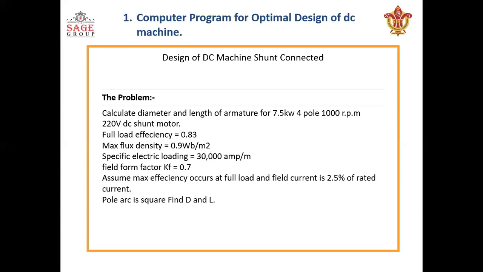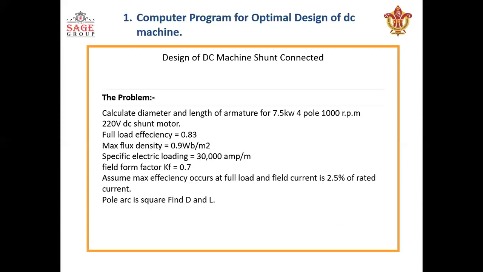Here in this problem, it is required to calculate the length of the armature and the diameter of the bore of the machine for a 7.5 kilowatt 4-pole 1000 rpm 220-volt DC shunt motor.